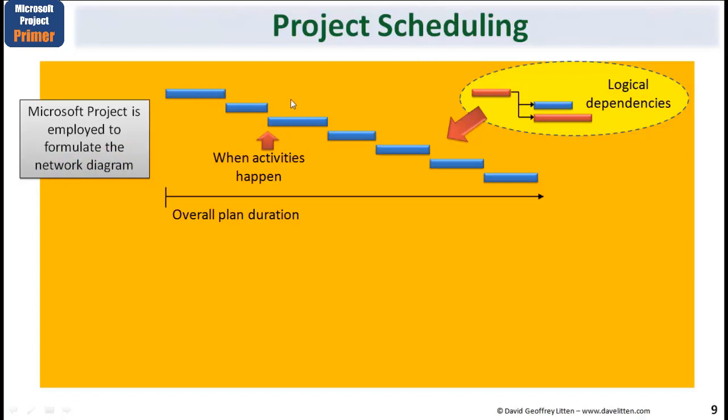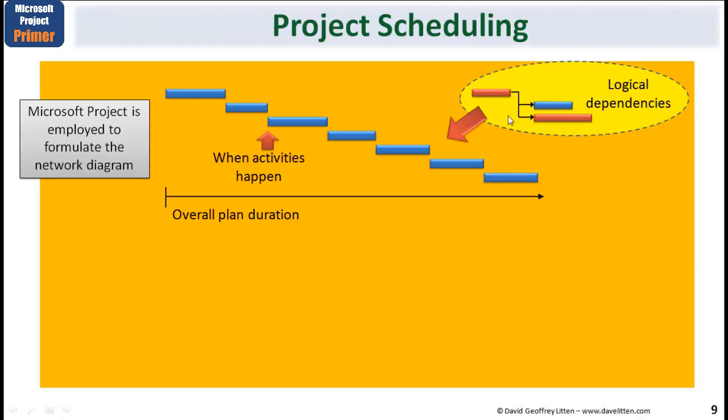We've already said that this shows the time frame, the overall plan duration if you will, and it shows when each activity or task is due to start and finish. In this very much simplified view here, I want to remind you we're talking about dependencies. So we can see that one task finishes, and in this case, two other tasks start.